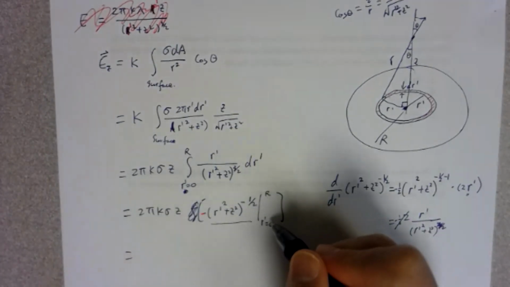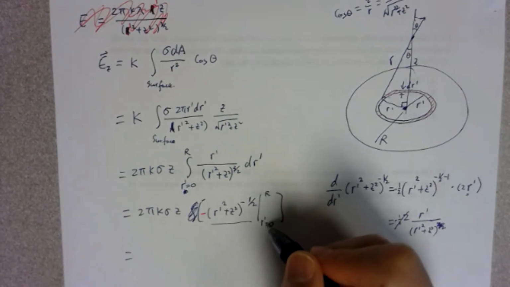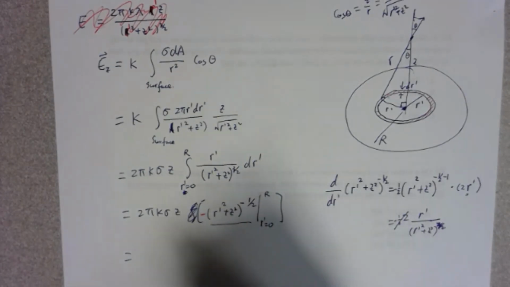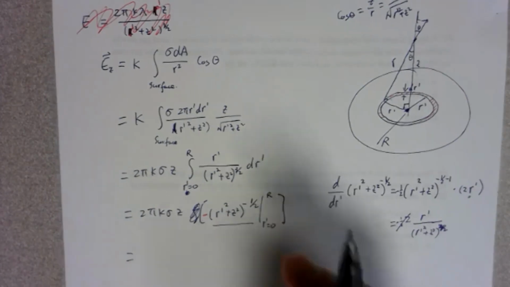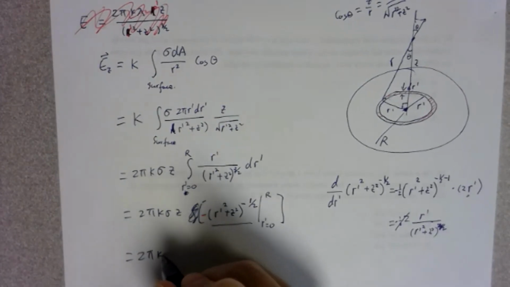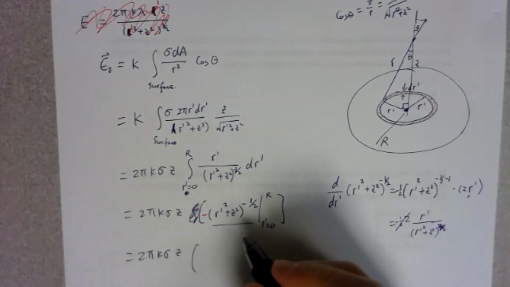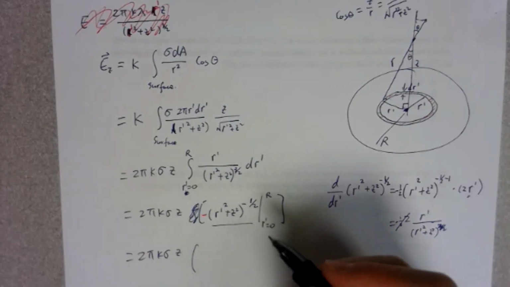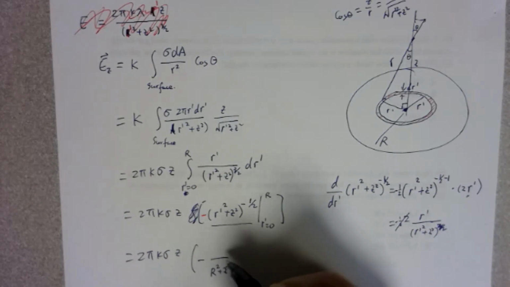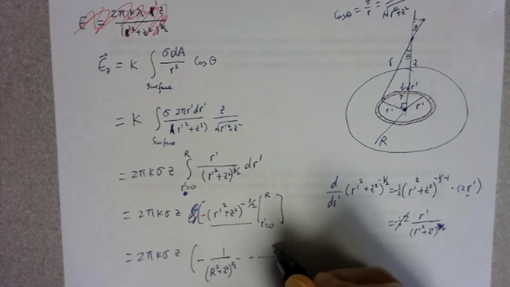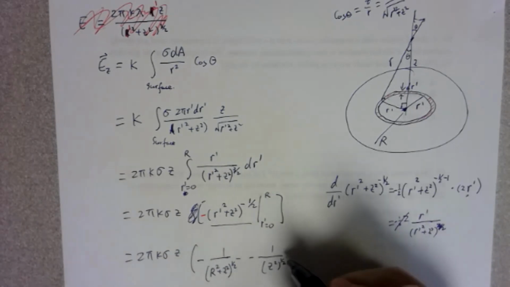Then you plug in r prime equal to r, and then minus that equal to 0. So then the result will become, so basically the 0 one comes first because the minus of minus will become positive. So 2 pi k sigma z, and then times, in the equation over here, minus of r squared plus z squared, okay? And then to the half, minus of 1 over r prime goes to 0. So z there, and then 1/2.